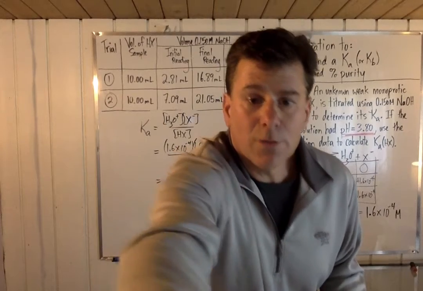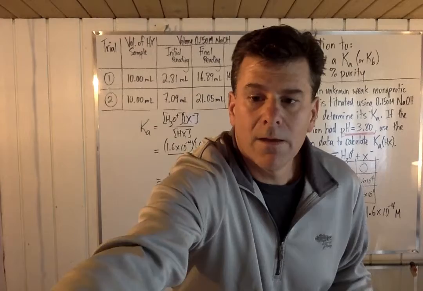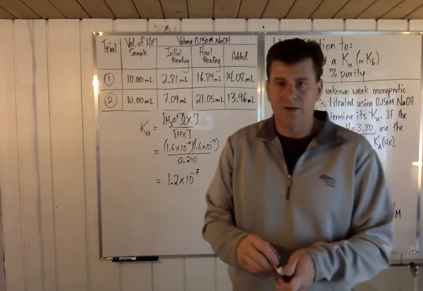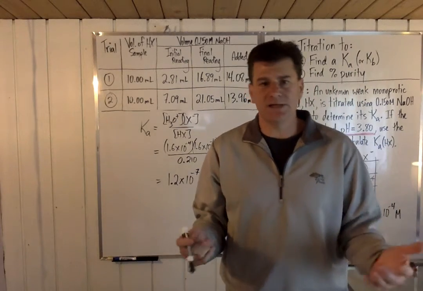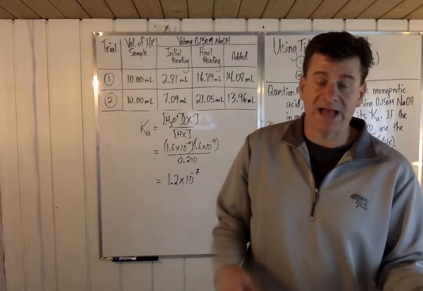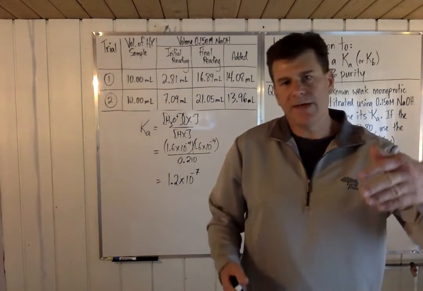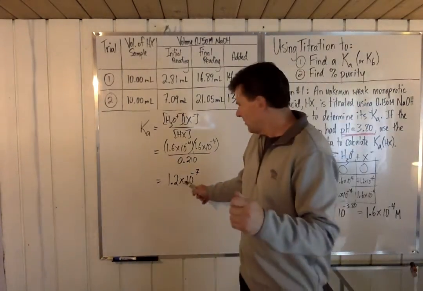Once you've got that value, you could have been asked a couple of different questions. Let's pretend this was being done at 25 degrees and you get a value of that, and you know it's a weak monoprotic acid. If you had a table of Kas at 25 degrees, you could find the weak monoprotic acids in that neighborhood.